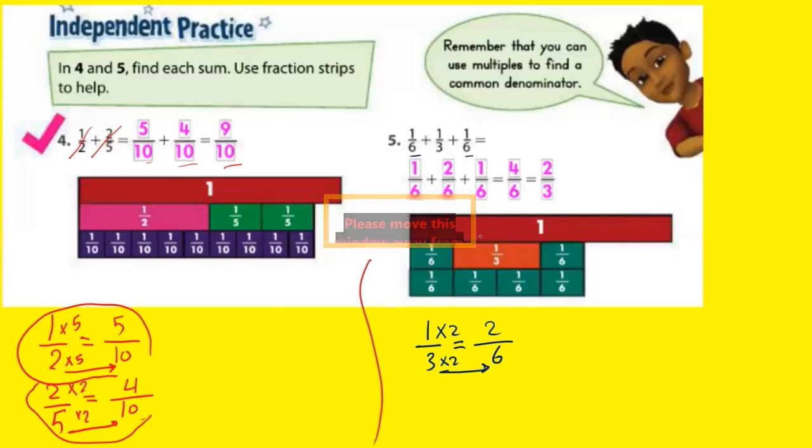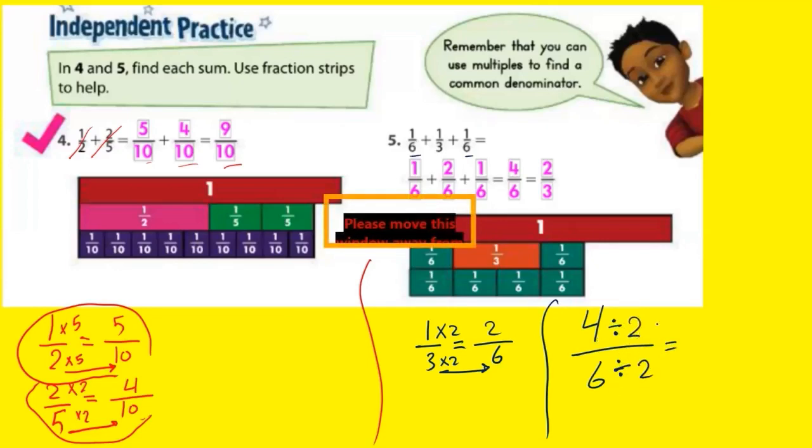That gives 4 over 6. Okay, 4 over 6 needs to be simplified to the simplest form. Simplest form means to divide both numerator and denominator by the common factor. 4 divided by 2 equals 2, and 6 divided by 2 equals 3, and this is called the simplest form.